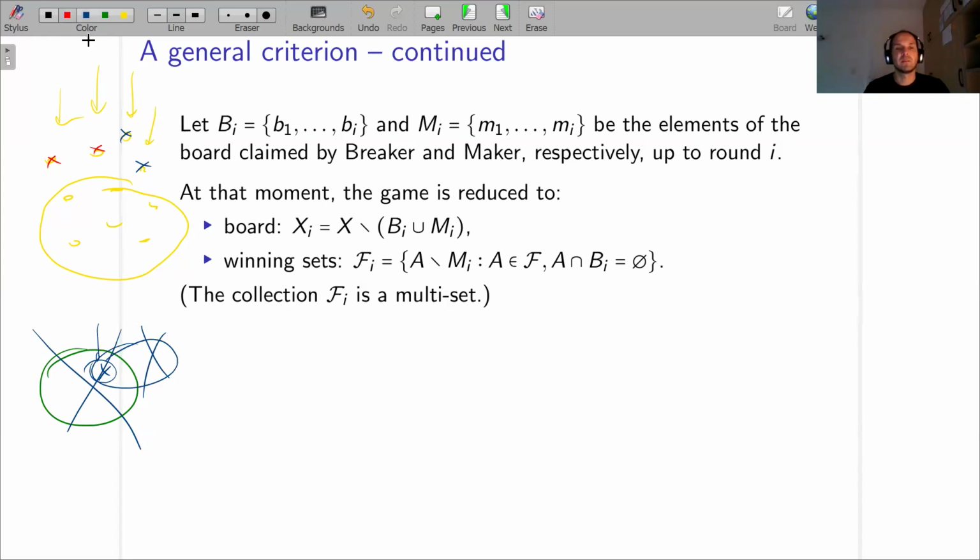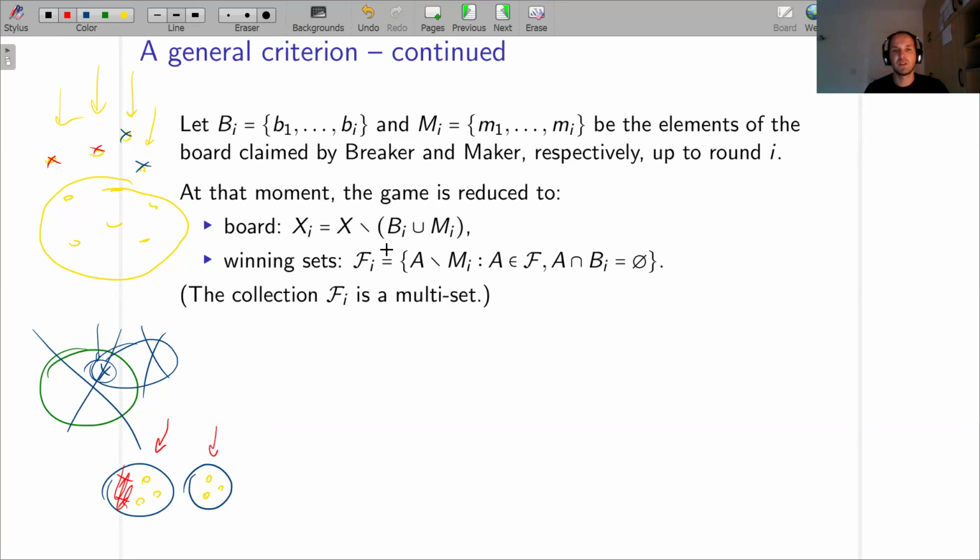And then, on the other hand, all maker's elements, if we have them, this winning set is the same as this winning set here, because these are already claimed in this winning set. At this point, you need to claim 3 more elements of the board. So you can as well remove these 2 and just look at the winning set as this.